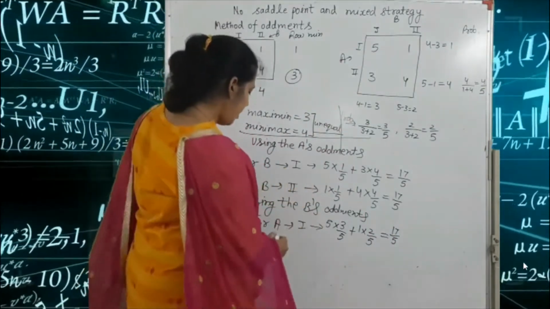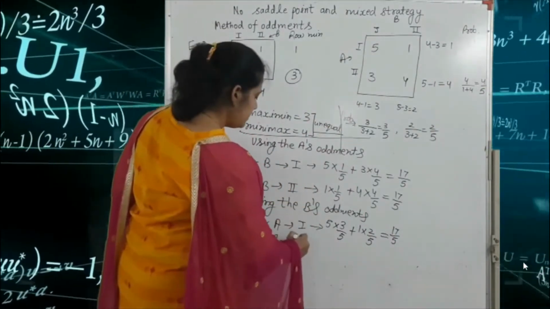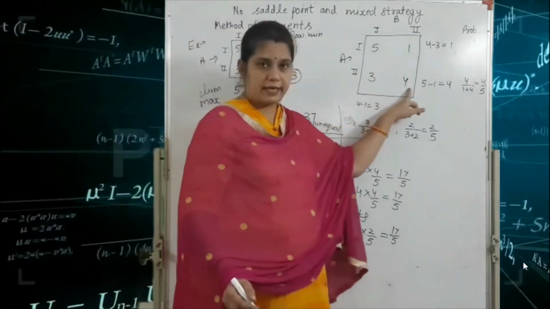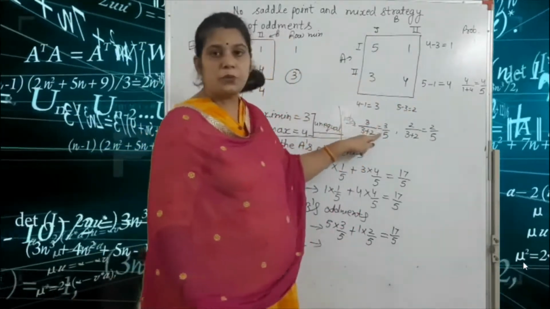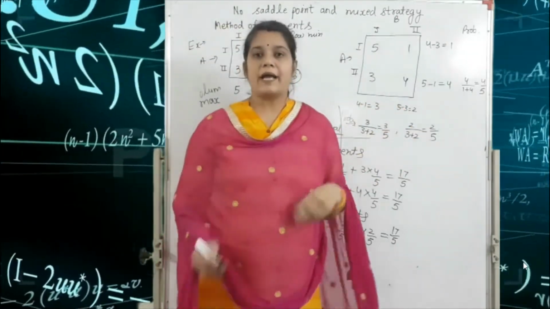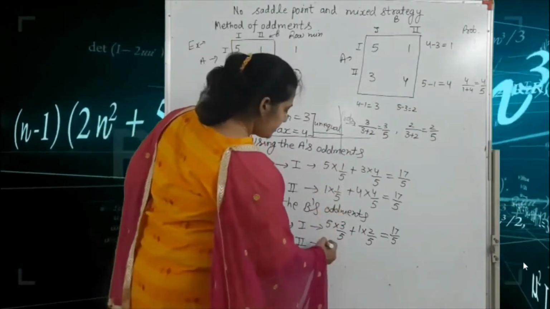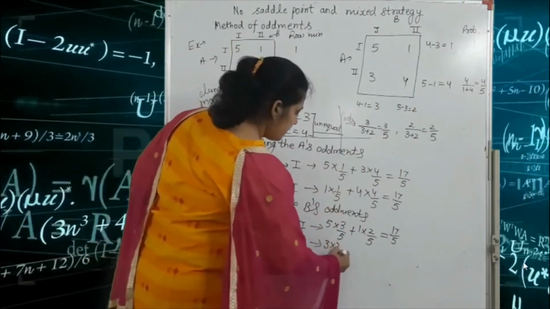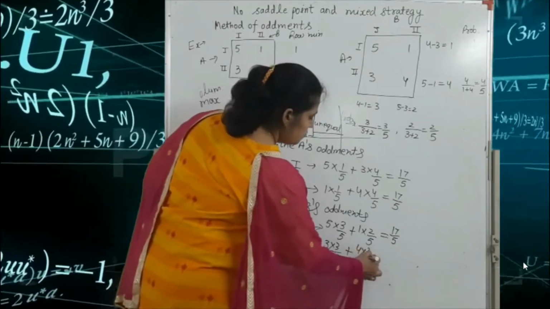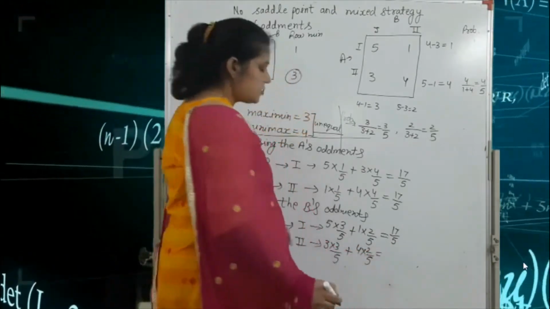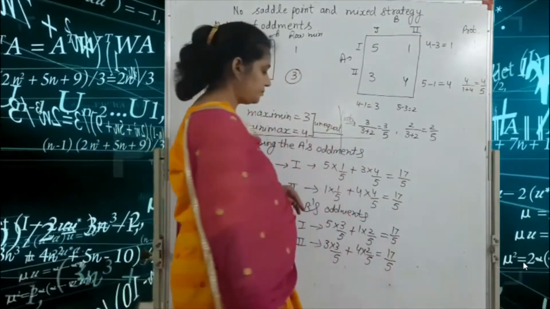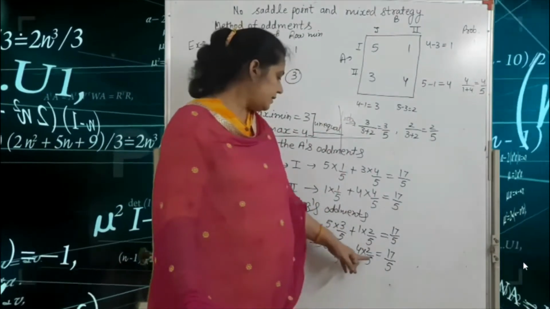Okay, and for A take the second strategy. So this is the second strategy for A: 3 into 3 by 5 plus 4 into 2 by 5. So this is again 17 by 5.